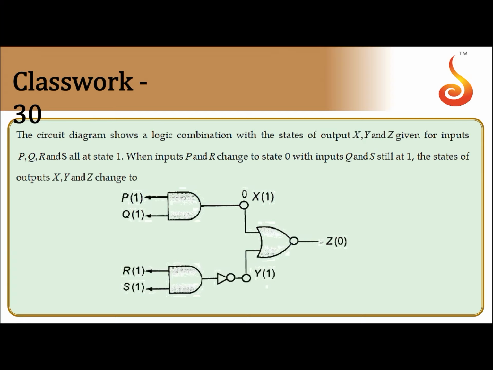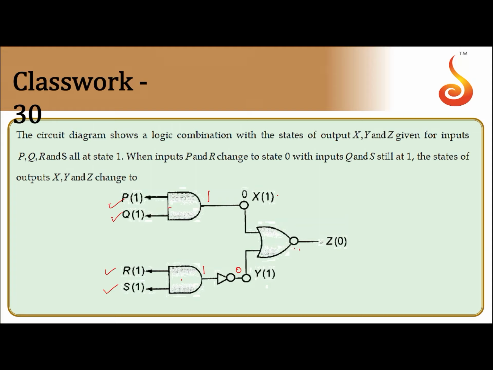When inputs P and R change to state 0 with inputs Q and S still at 1, the states of outputs X, Y and Z change to. Initially P is 1, Q is 1, R is 1, S is 1, and this is an AND gate. So the output of this will be 1, the output of this will be 1. There is a NOT gate, so this will become 0. So X will be equal to 1, Y will be equal to 0.